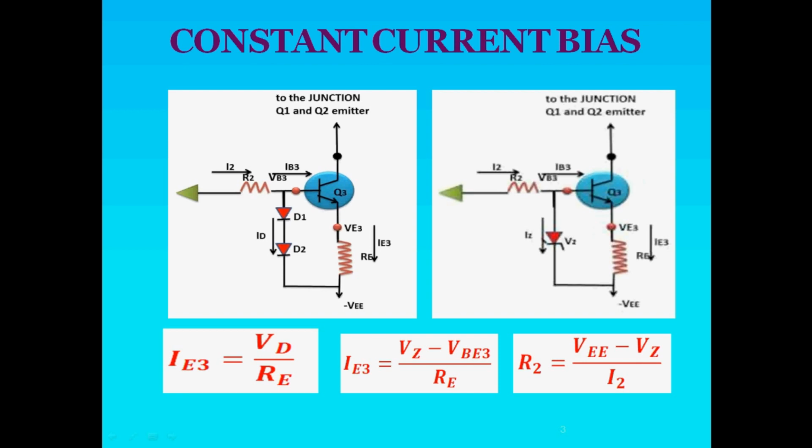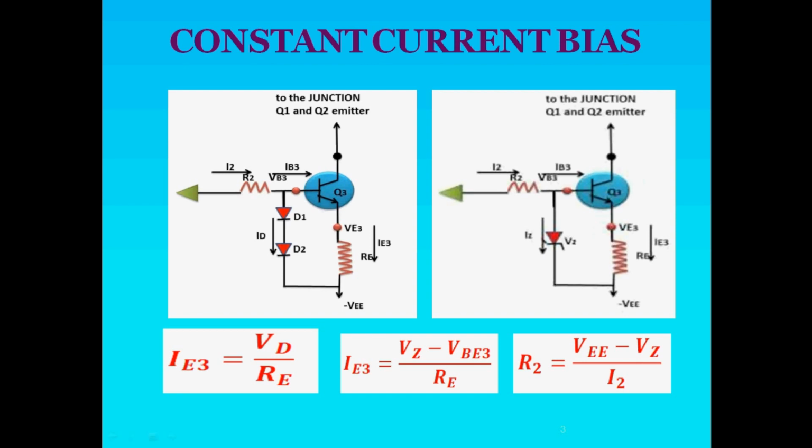Now these two diodes we have again replaced with a Zener diode, as there are a maximum number of Zener diodes available with different voltage ratings. For this we know that IE3 current is (Vz minus VBE3) by RE, and R2 is equal to (VEE minus Vz) by I2.